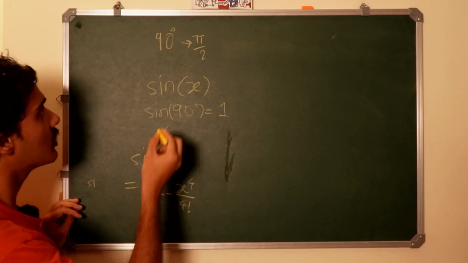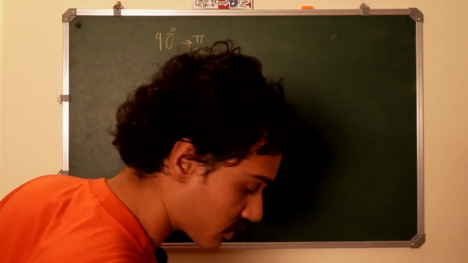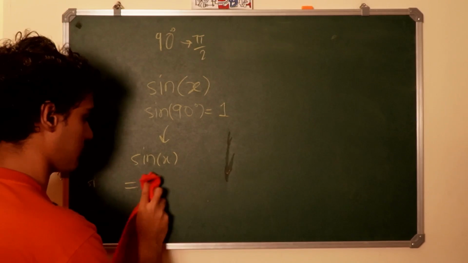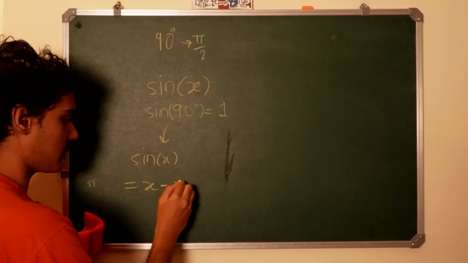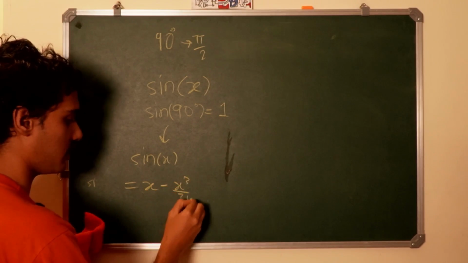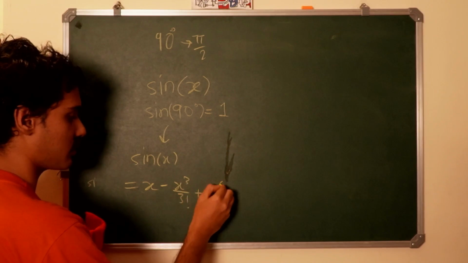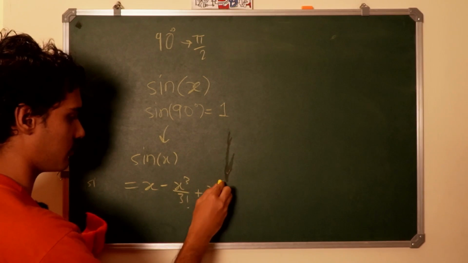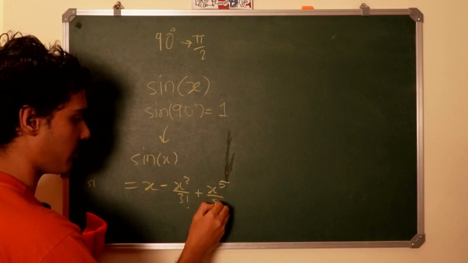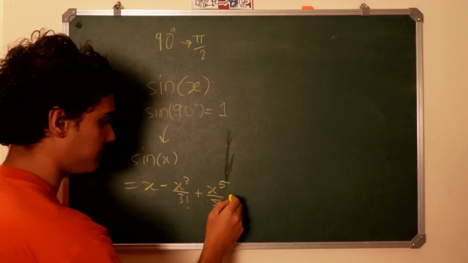No, wait, it has to be odd because sin x is an odd function. You should start with x minus x cubed by 3 factorial plus x raised to 5 by 5 factorial and so on.